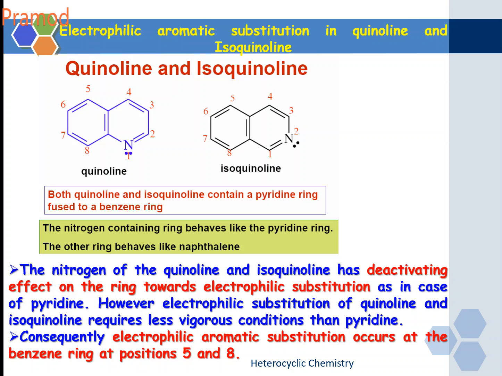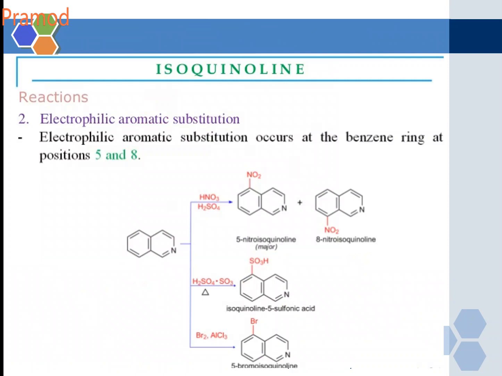So this is why electrophilic substitution takes place at the 5th and 8th position of the benzene ring. Similarly, nitration at the 5th and 8th, sulfonation at the 5th position, and bromination at the 5th position. If you see, the reactions are the same; the only thing is the position of the nitrogens differs. The products are at the same position.